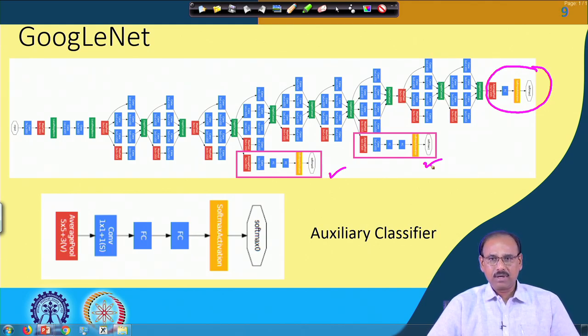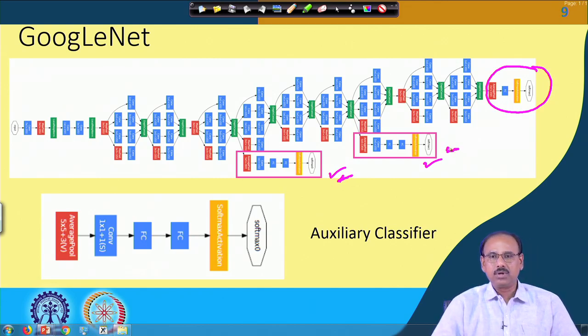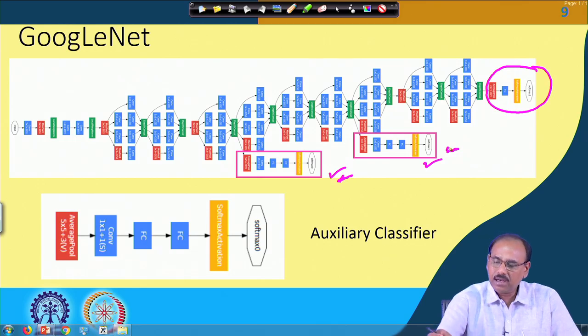Because these are also classifiers, they also produce loss functions. Both auxiliary classifiers compute a loss function, and when you compute the final loss, these two losses, after scaling by a factor of 3, are added to the final loss computed over here.